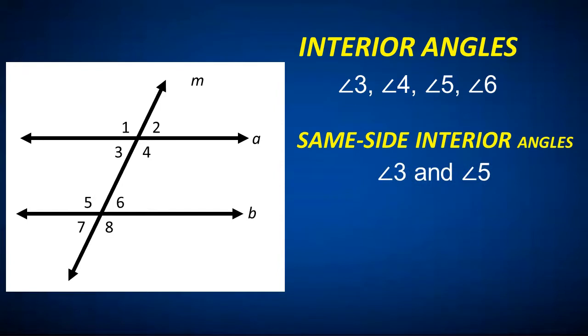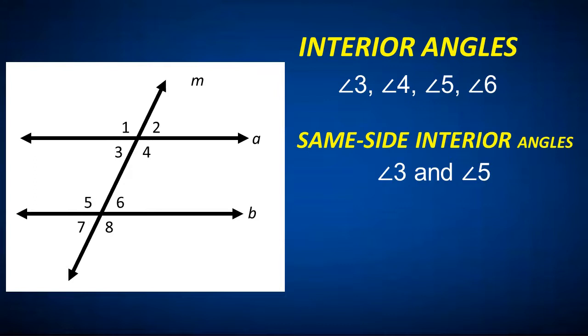So, ang first pair natin is angle 3 and angle 5. Look at angle 3 and angle 5. Angle 3 and angle 5 are both interior. So, check tayo dun sa interior angles. The next question is, are they lying on the same side of the transversal? As you can see, parehas siyang nasa left side ng transversal. So, it is correct that angle 3 and angle 5 are same side interior angles.